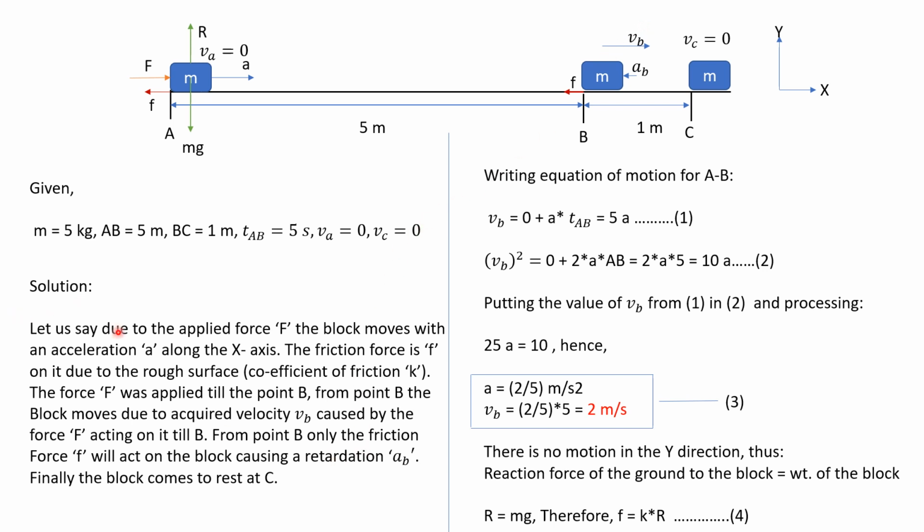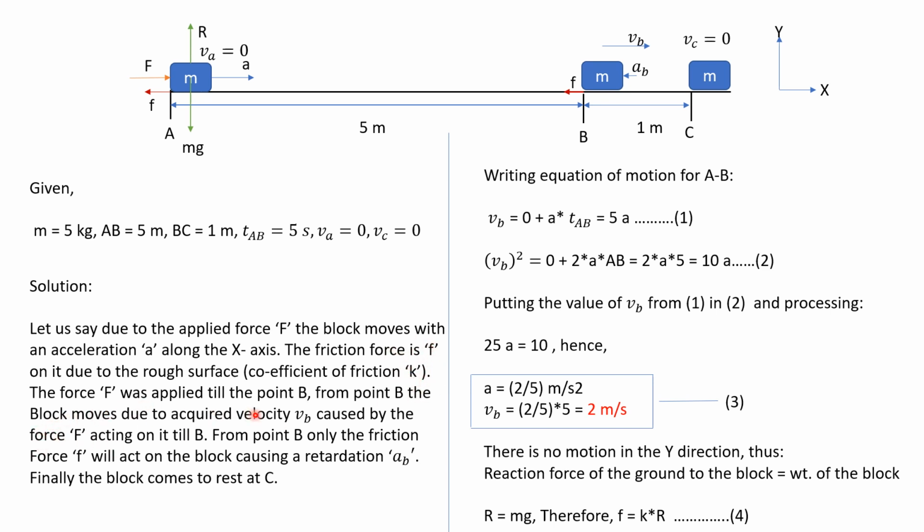I have written down all the things over here. Due to the applied force F, the block moves with an acceleration a, which we have assumed along the x-axis. The friction force is f, small f, due to the rough surface. The coefficient of friction we have taken as k, small k.